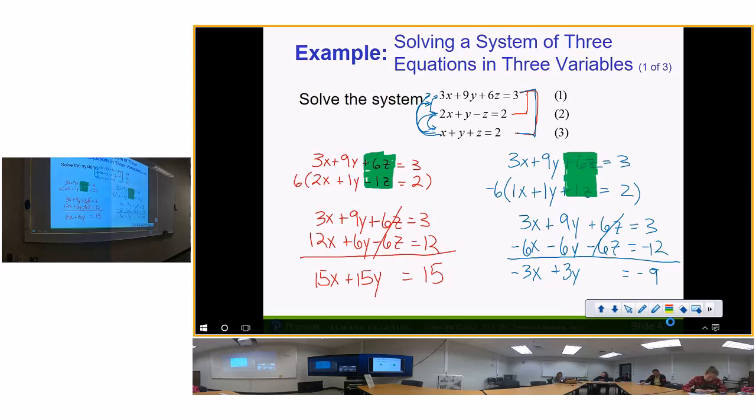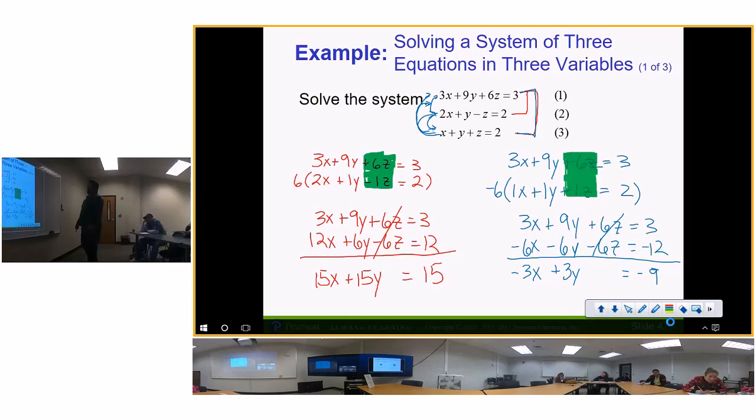I'm going to have to erase this. So now I've got 15x plus 15y is equal to 15, and negative 3x plus 3y is equal to negative 9. I'm going to multiply the 3's by 5 because I got opposite what? X's. The opposite X's will cancel out.